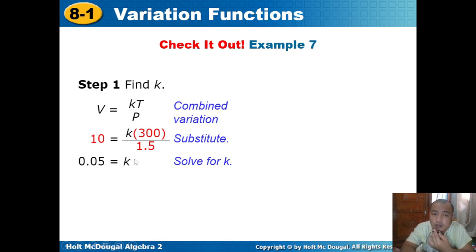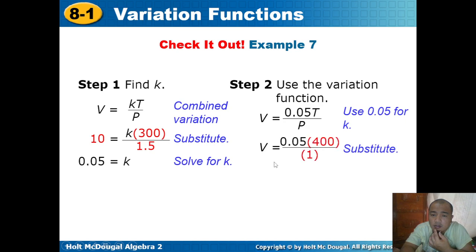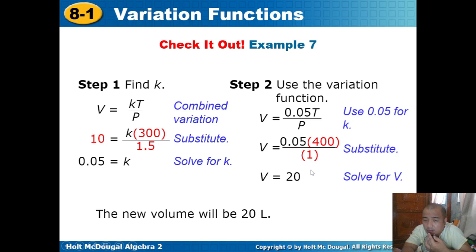It's the constant of variation. Substitute it in the equation of variation: V equals 0.05 T over P. Now the question is, what is the volume when the temperature is 400 and the pressure is 1? 0.05 times 400 divided by 1 is 20. So the new volume will be 20 liters.